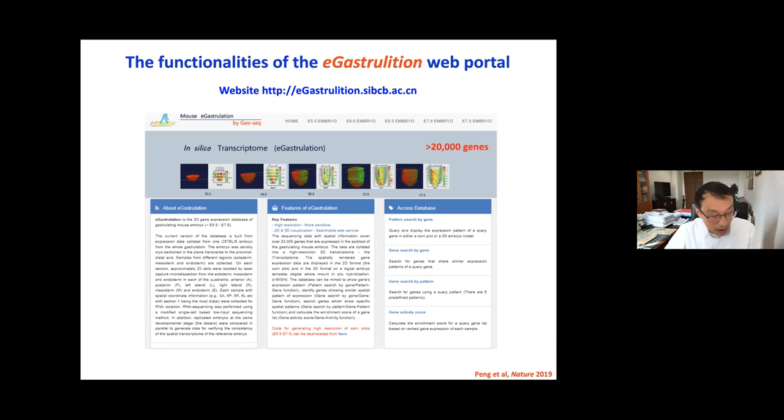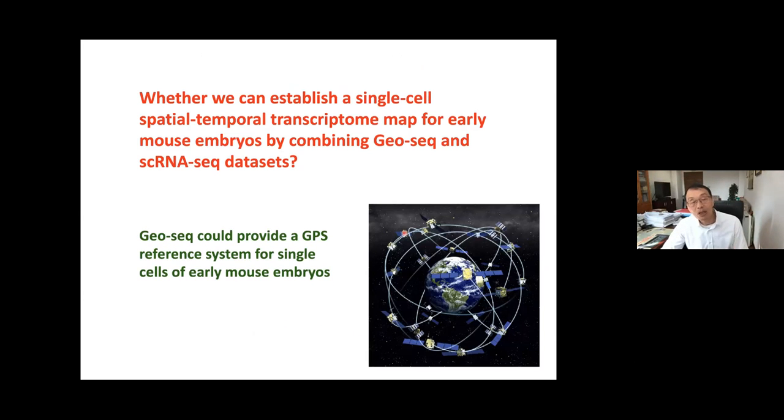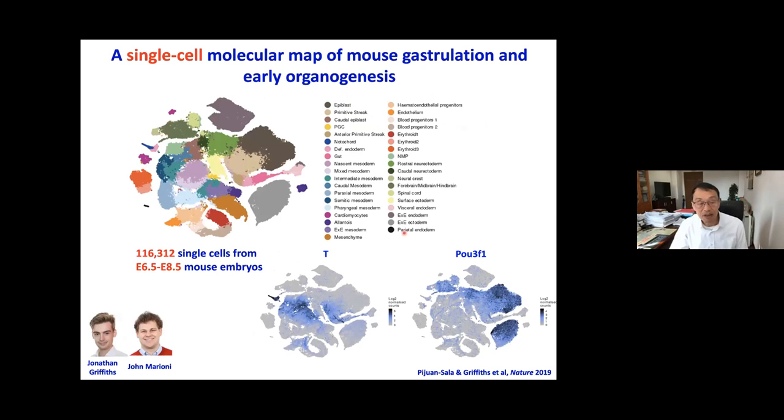After finishing this, we asked whether we can establish a single cell spatial and transcriptome map for early gastrulation, just like putting the single cells into a GPS system. So we collaborated with John Marioni's lab. They published early last year a gastrulation single cell atlas.